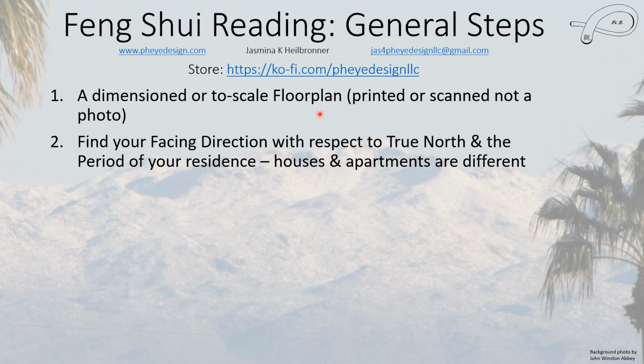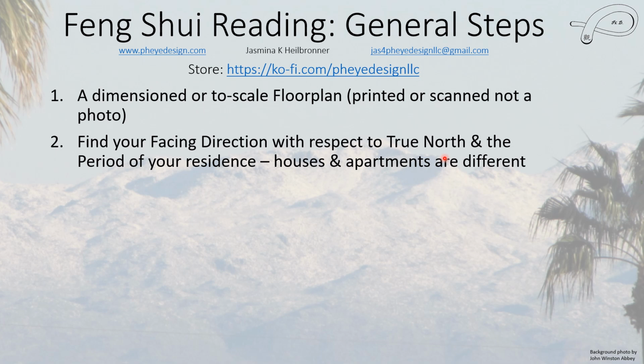Now, the next thing you need to do is find the facing direction with respect to true north. And I have a recent video where I've reiterated why true north is so important, and also some other details that will help you find the direction of things from the center of your house, even if you can't see that exterior thing, like a mountain or water, of course.